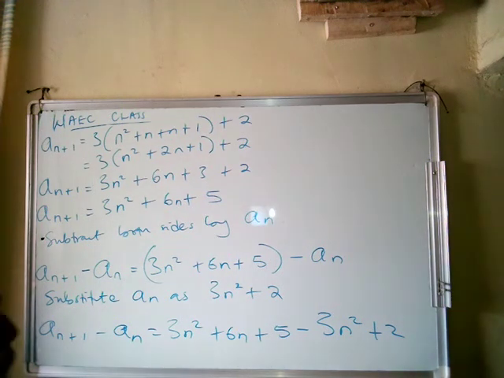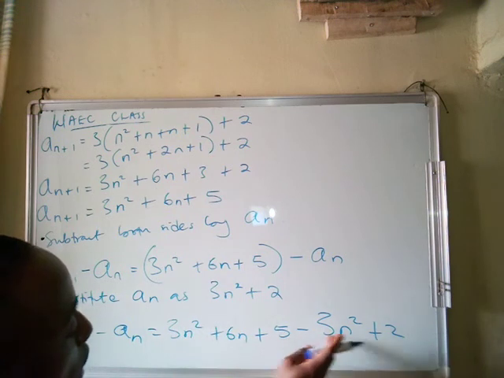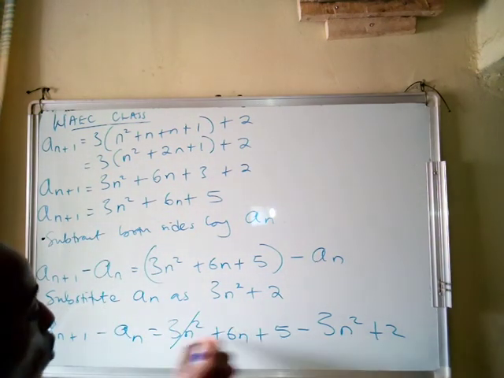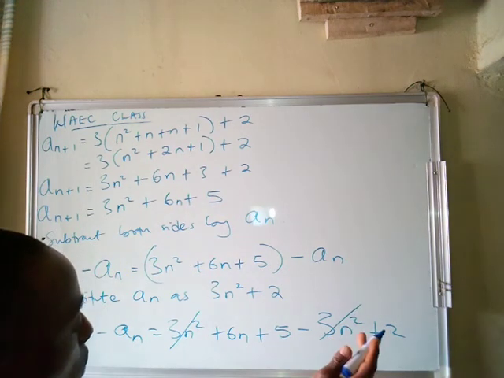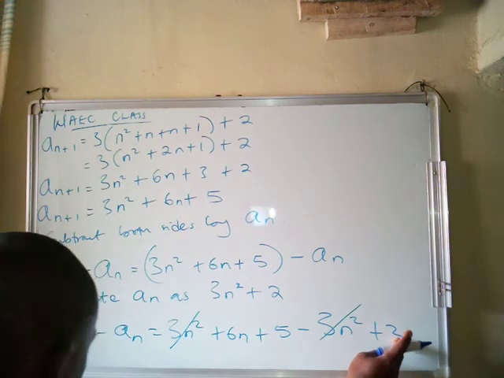If you do that, notice that if we collect like terms, 3n squared subtracts 3n squared, so 3n squared minus this is 0. Now 5 plus 2 is 7.